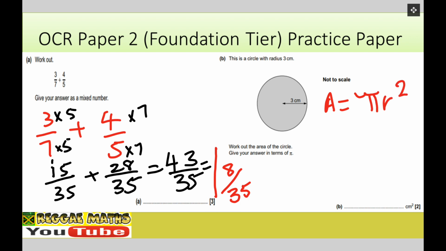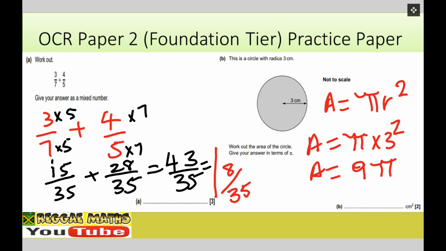So the radius is already there. So A equals pi times 3 squared. 3 squared equals 9. So it's 9 pi. So your answer is 9 pi.